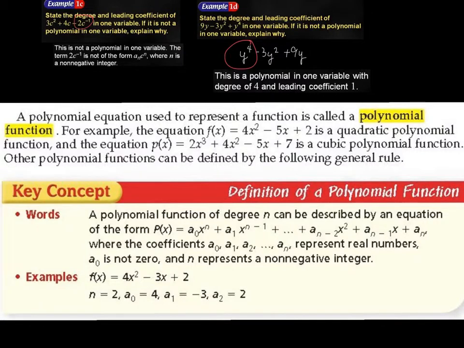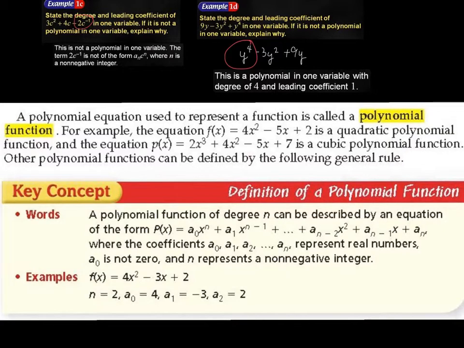A polynomial equation used to represent a function is called a polynomial function. For example, the equation f of x equals 4x squared minus 5x plus 2 is a quadratic polynomial function, and the equation p of x equals 2x cubed plus 4x squared minus 5x plus 7 is a cubic polynomial function. Other polynomial functions can be defined by the following general rule.